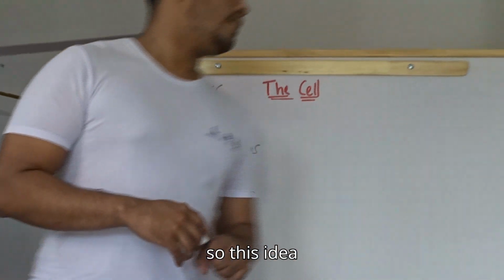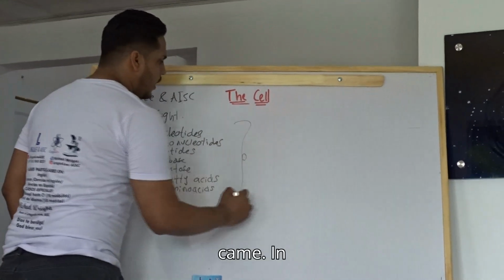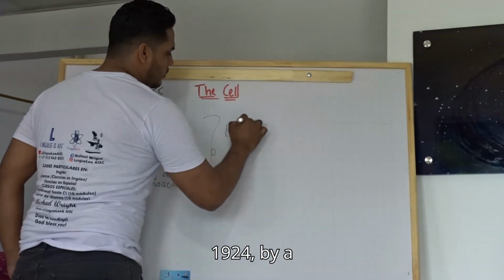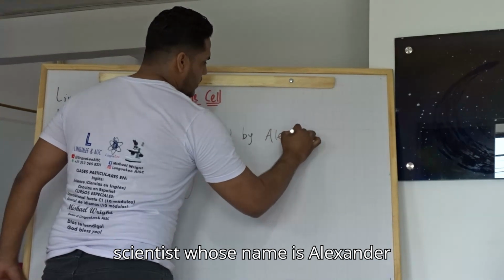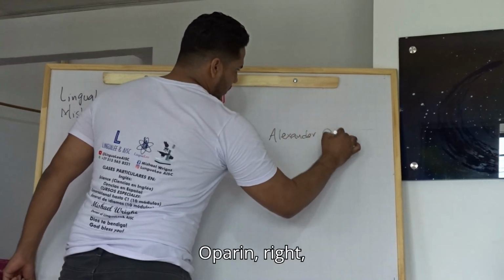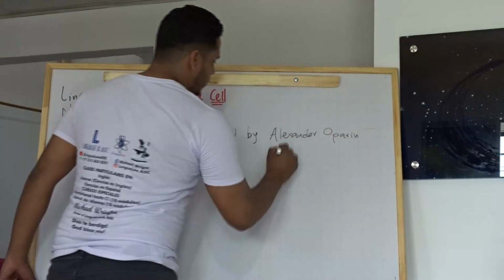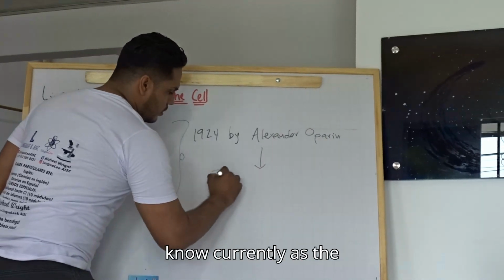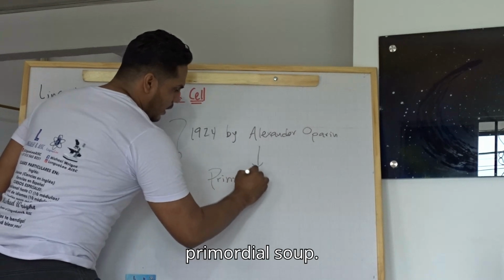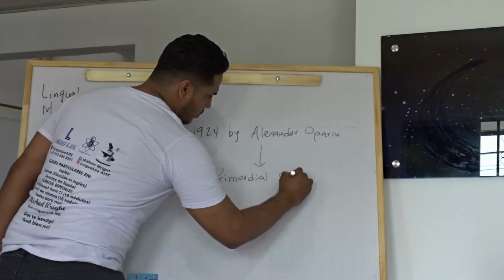This idea came in 1924 from a scientist named Alexander Oparin, who led us to a concept we currently know as the primordial soup.